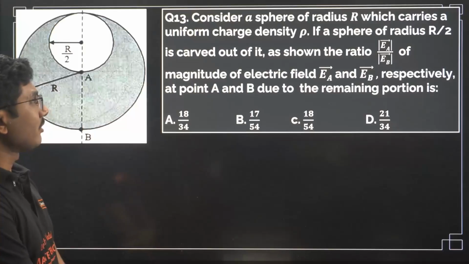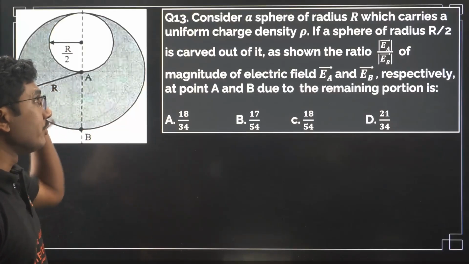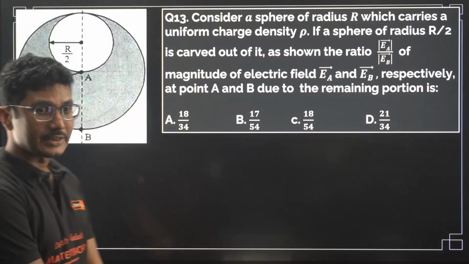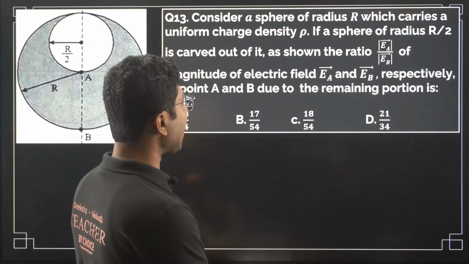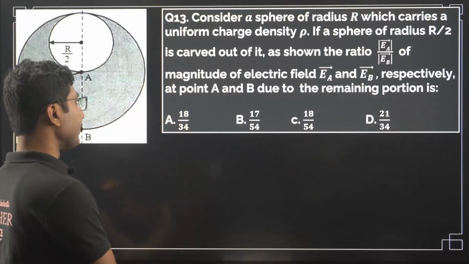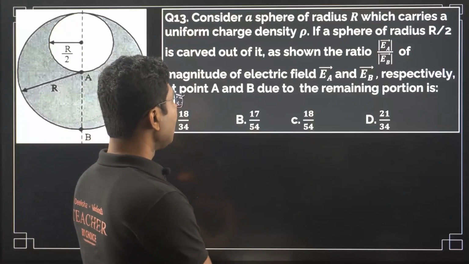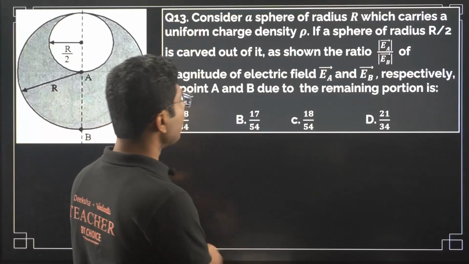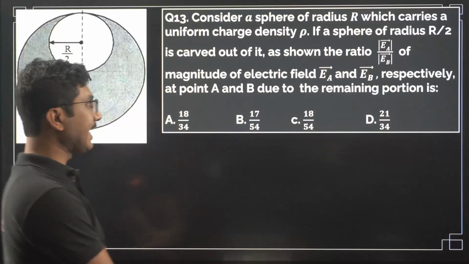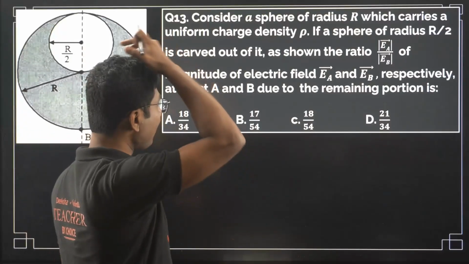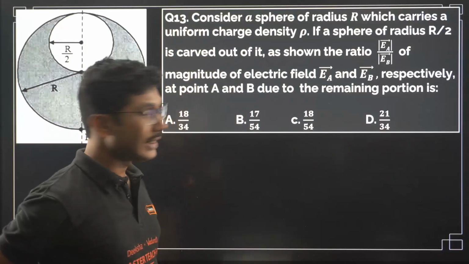Consider a sphere of radius capital R which carries a uniform charge density rho. If a sphere of radius R by 2 is carved out of it as shown, the ratio EA by EB of the magnitudes of the electric fields EA and EB respectively at points A and B due to the remaining portion is.